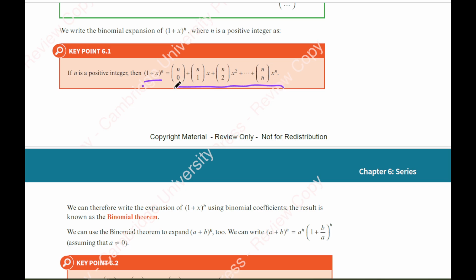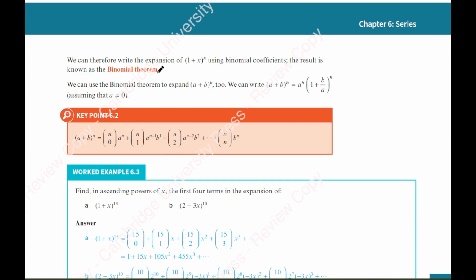Those are the combinations, and you also know how to find them using the calculator. So we can write this expansion using the binomial coefficients, and you can always find binomial coefficients like this, and you know how to calculate them now using the calculator.